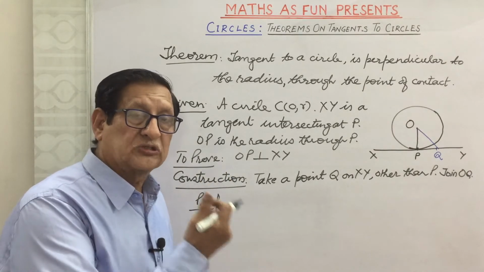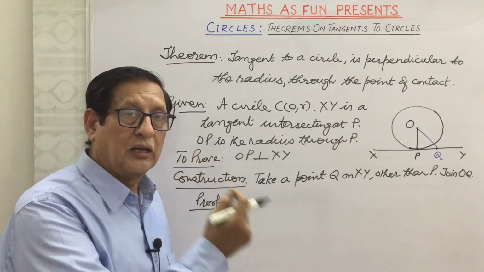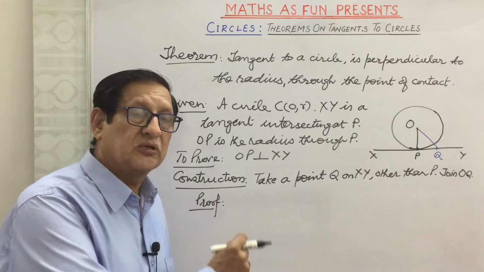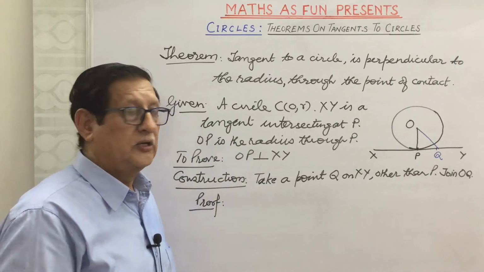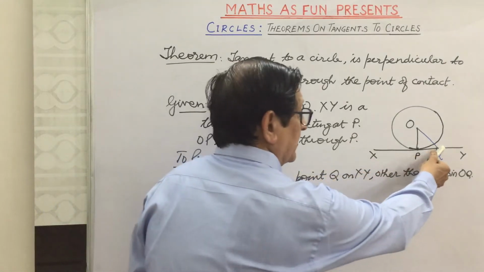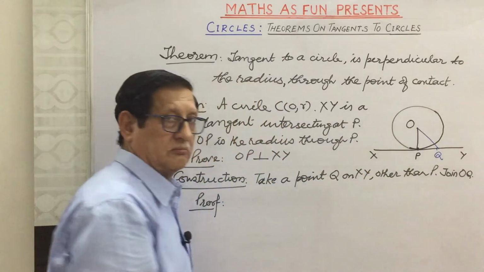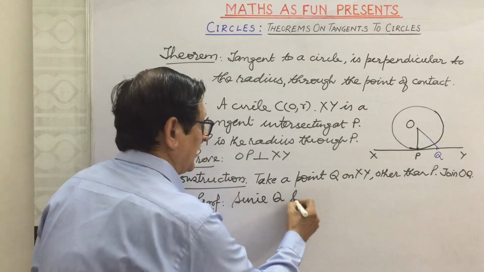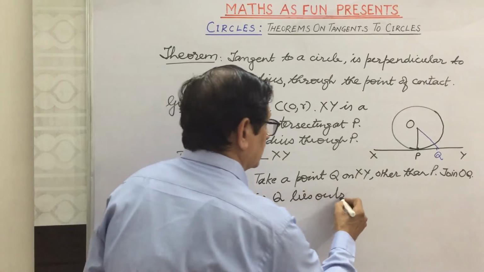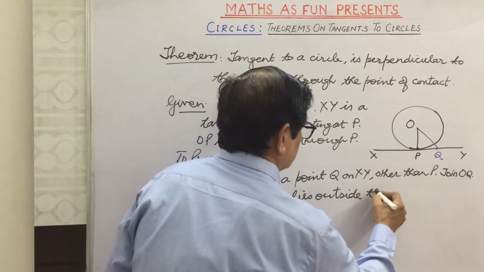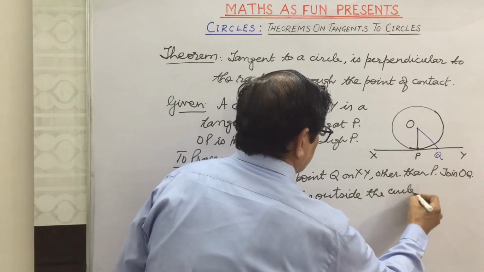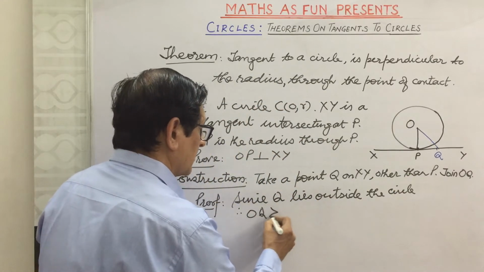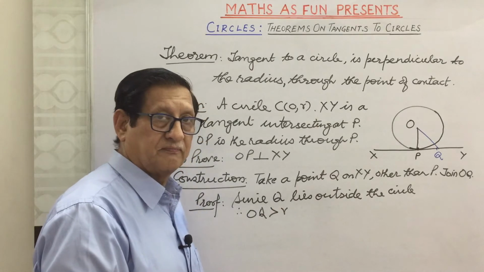We know that the shortest distance to a line from a point is perpendicular to the line. The same thing we will apply here. So we say here Q is a point which is outside the circle. So we can write, since Q lies outside the circle, therefore OQ is greater than the radius.